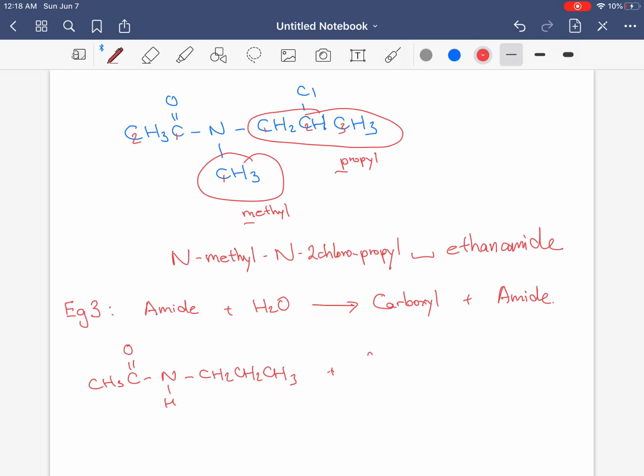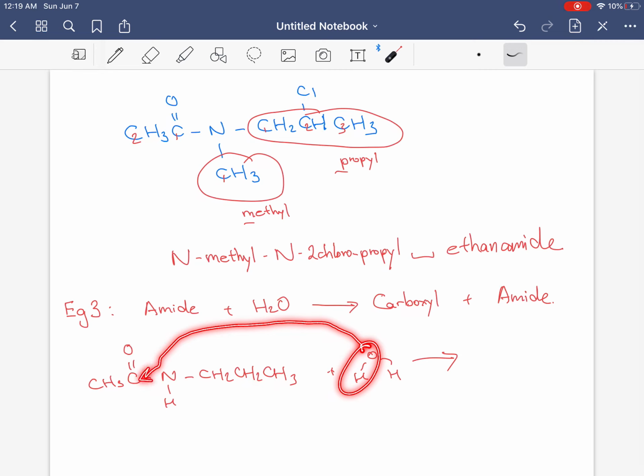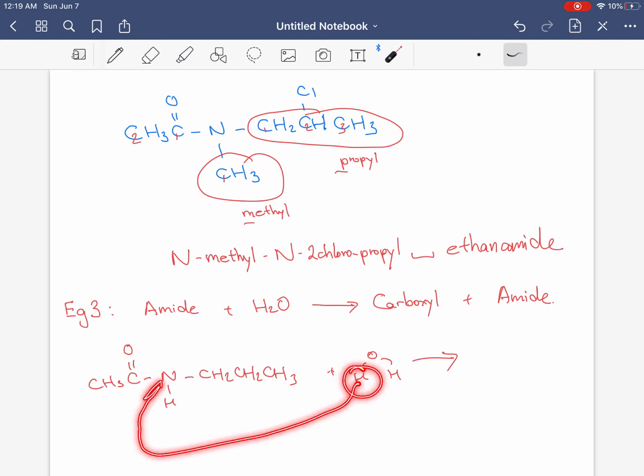If you were to react this with water, hopefully you know that OH will come over here and connect to carbon. This H will come over here to connect with N. Okay. As a result, why this is called hydrolysis is because there is a breakage in water, and due to that, there will be a breakage in your peptide bond.